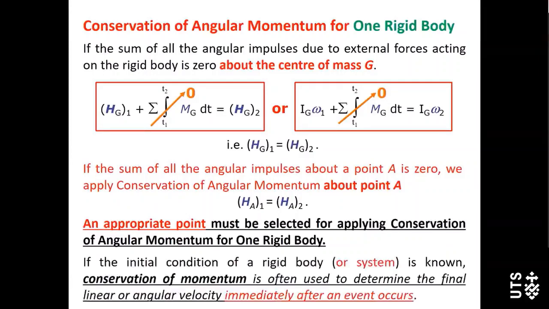If the initial condition of a rigid body or a system is known, this conservation of momentum theory is often used for determining the final linear or angular velocity immediately after an event occurs.